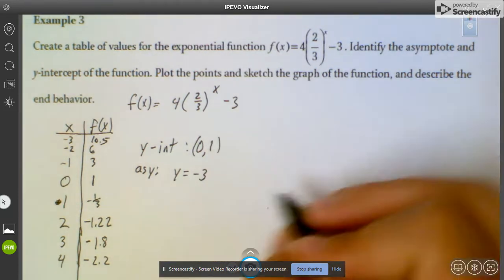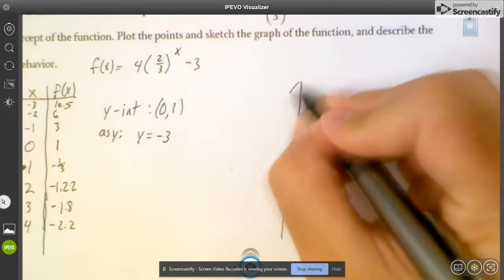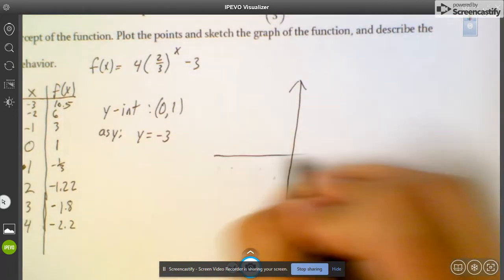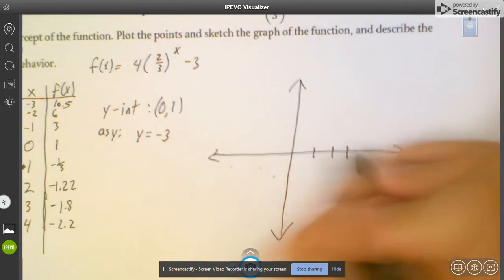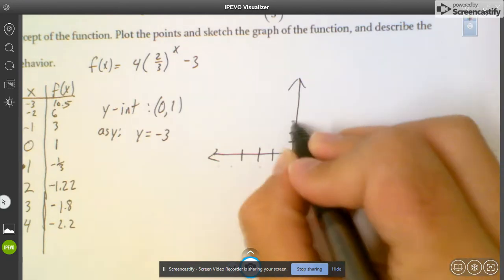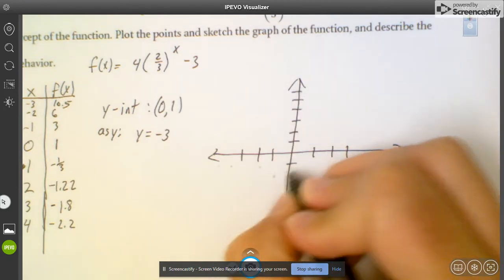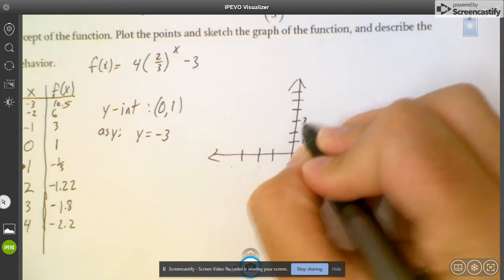And now we want to go ahead and graph that. I think we'll be good to count by ones this time.